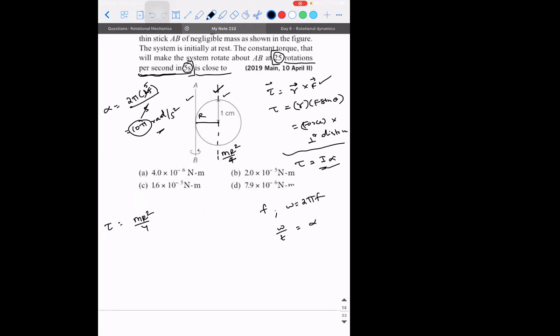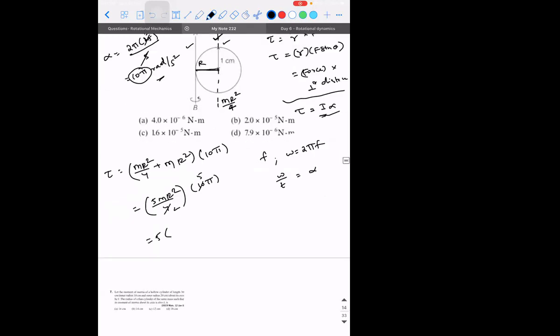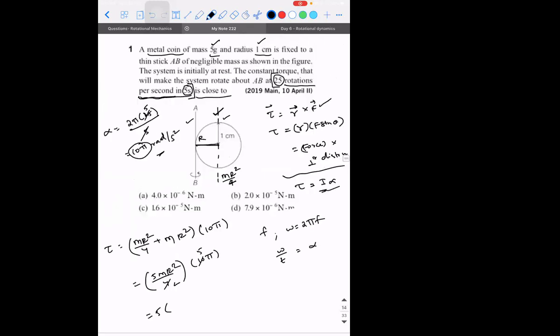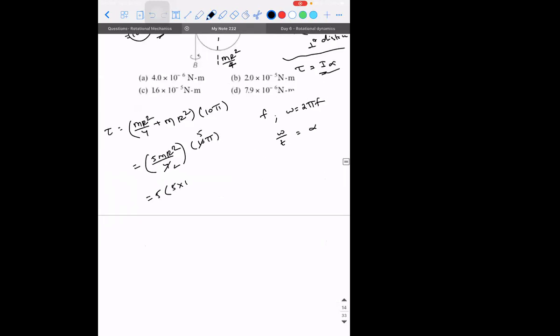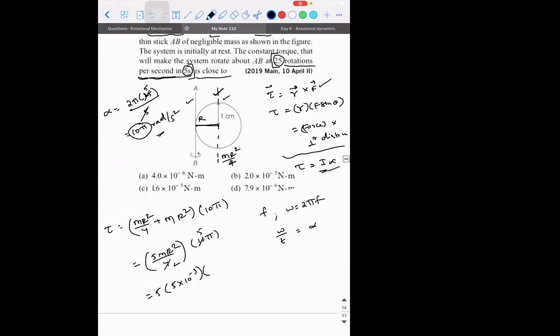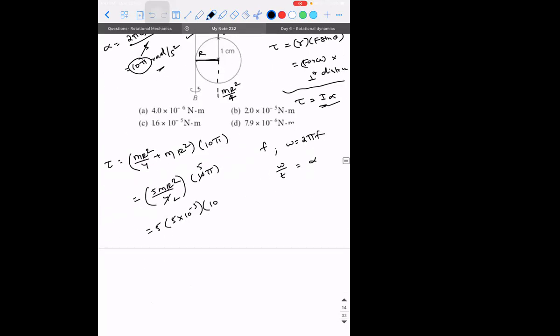So moment of inertia is mr square by 4, that is the moment of inertia about one of its diameters, plus m into distance square, that is r square, into alpha, that is 10 pi. So mr square by 4 plus mr square is 5 mr square by 4, into 10 pi. This will go 5 times, this will go 2 times. So 5 into mass, 5 grams, so 5 into 10 power minus 3, into r, 1 centimeter, that is 10 power minus 2 meter square, the whole divided by 2 into 5.